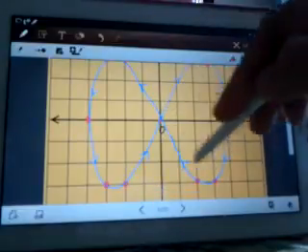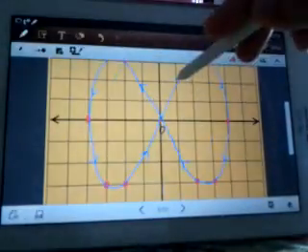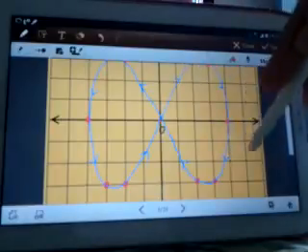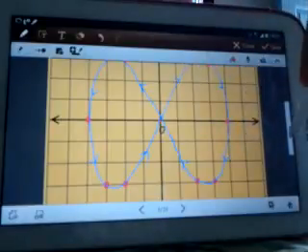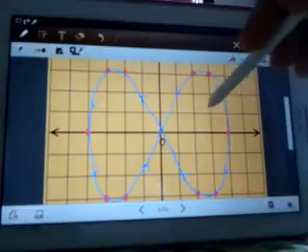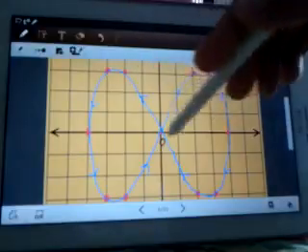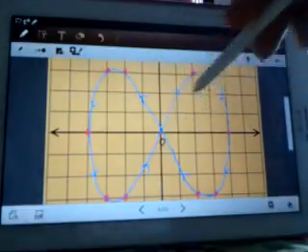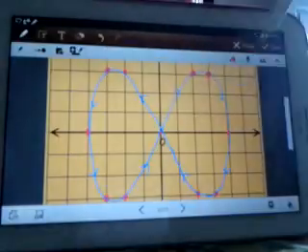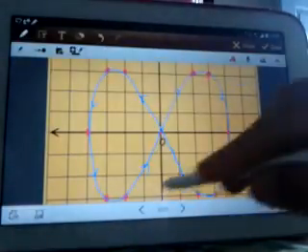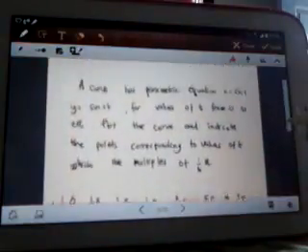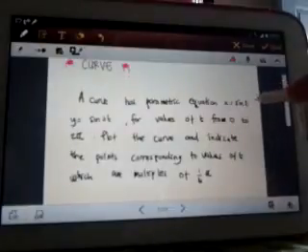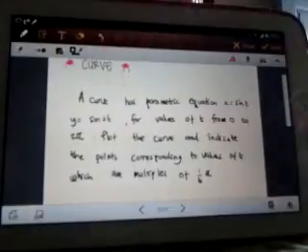So this is the curve. The arrow is not really necessary to mention, but this is the curve for the parametric equations x is equal to sine t and y is equal to sine 2t.